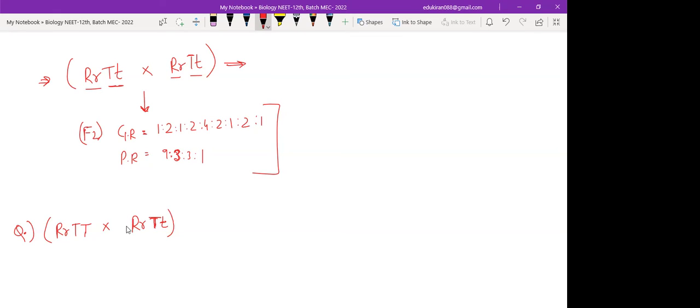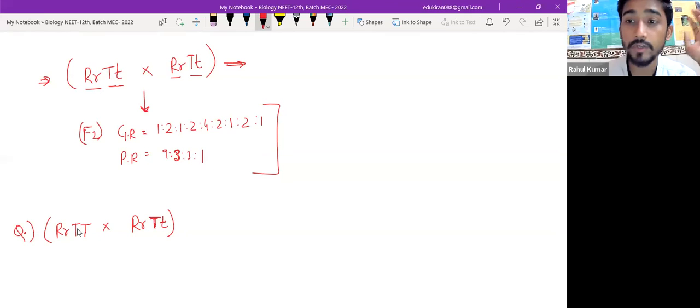Sir, can you repeat the question? Hybrid round and pure tall plant is crossed with hybrid round and a medium plant, following law of incomplete dominance. Just assume that there is incomplete dominance. Then only it can be a medium plant, no?